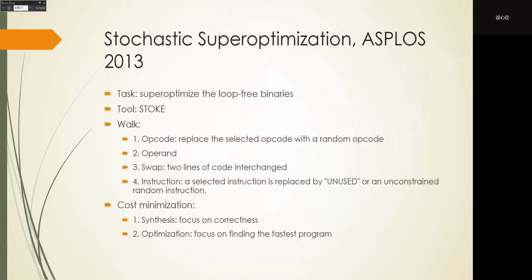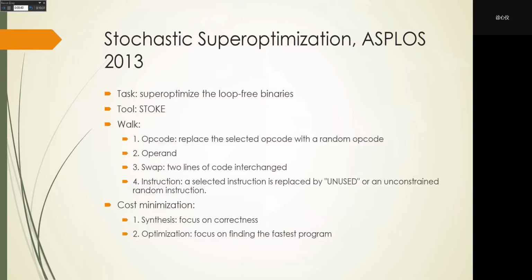First, you can choose an operation code and replace it. You can also choose an operand, or you can swap two lines of code. You can also replace an instruction with a random instruction that does not cause loops.